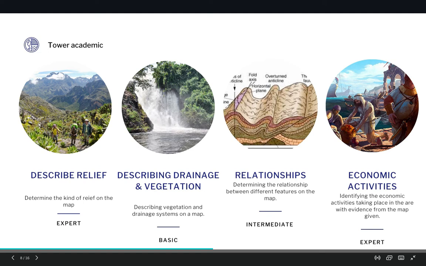Now accountability simply means, why is that aspect there? Why is it there? So we are giving reasons. For example, if we say that a lake is on the lowland, why is it there on the lowland? Because we know that water flows from a high elevation to a low elevation. So there is no way water can start climbing a hill.